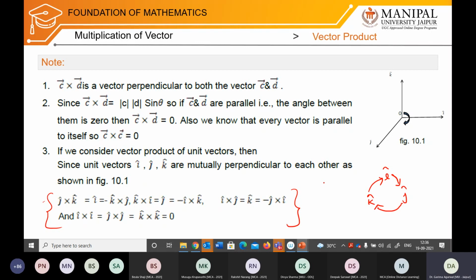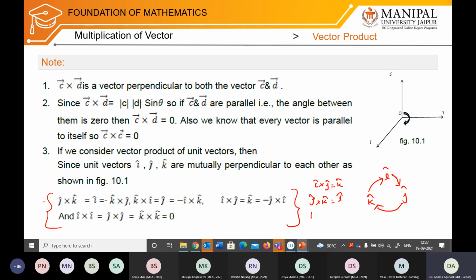Now i cap cross j cap is k cap. j cross k is i. Remember, we are moving in this direction only, the anti-clockwise direction.